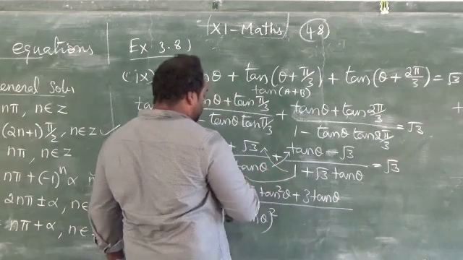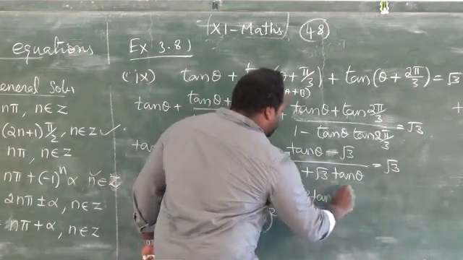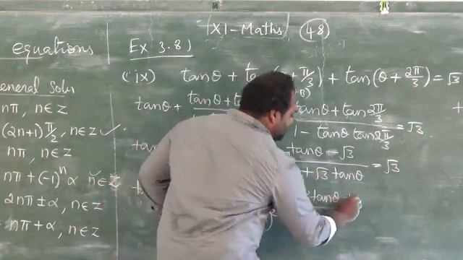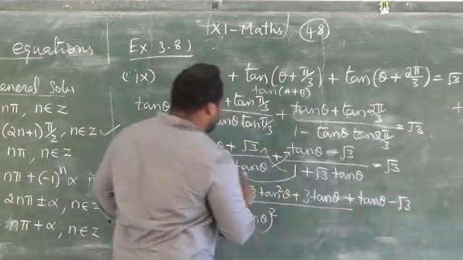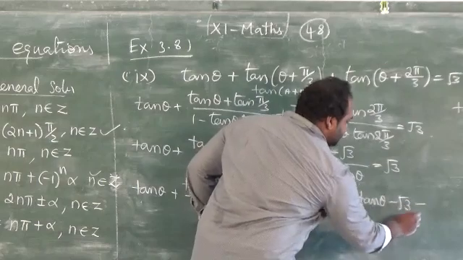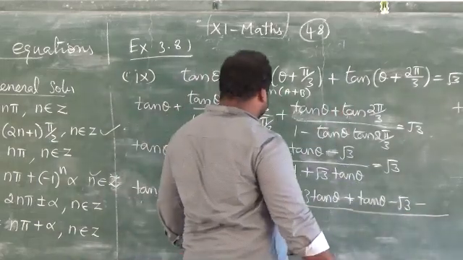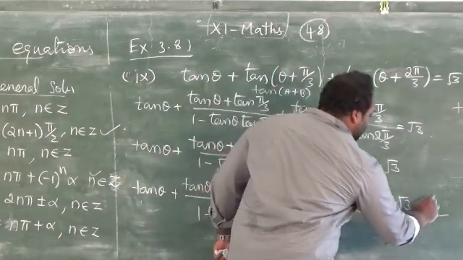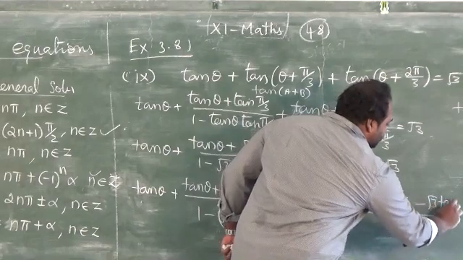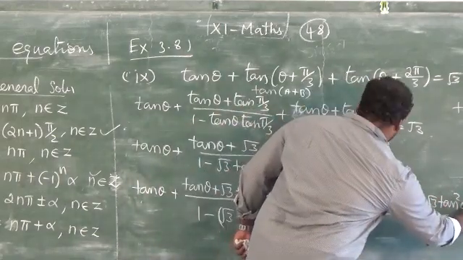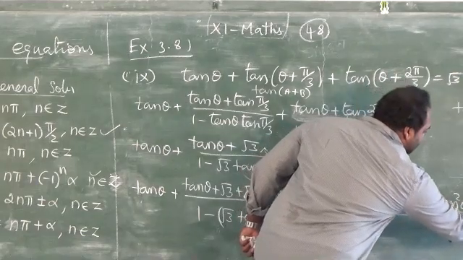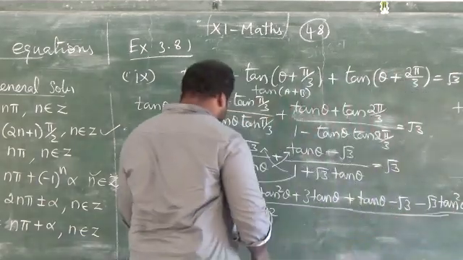Next, this cross multiplication: 1 into tan theta minus root 3, then minus root 3 into tan theta minus root 3 tan square theta, then root 3 into root 3 plus 3 tan theta.